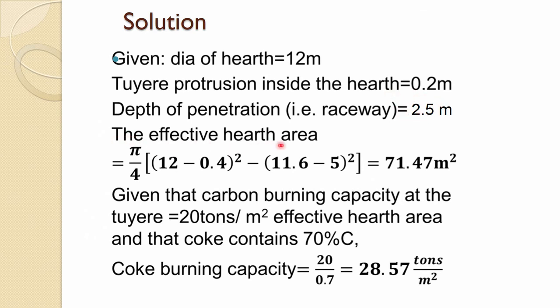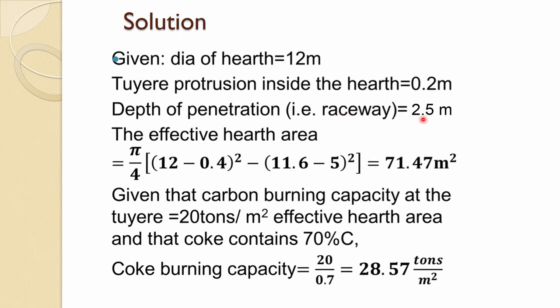So, the effective hearth area would be 12 meter minus 0.4, that is 0.2 meter each side of the TUR protrusion. So, it will become 0.4. So, 12 minus 0.4 is essentially 11.6.